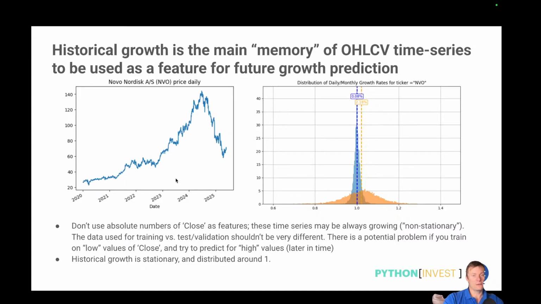And now, in recent years, you see that it's growing to 140. And that means that a previously trained model can't predict your currently observed values for the stock.